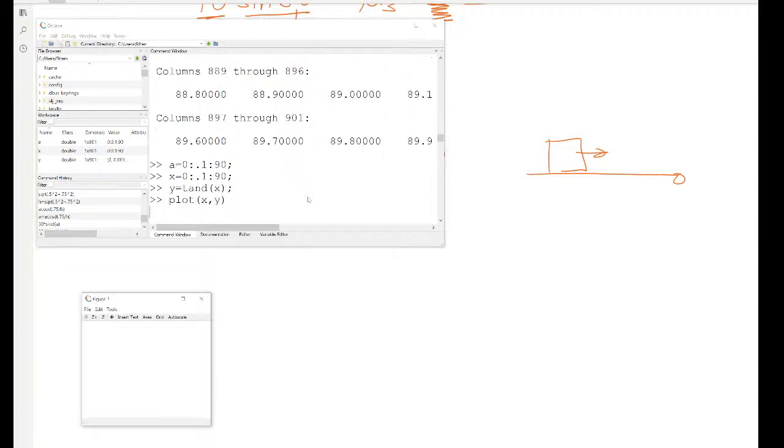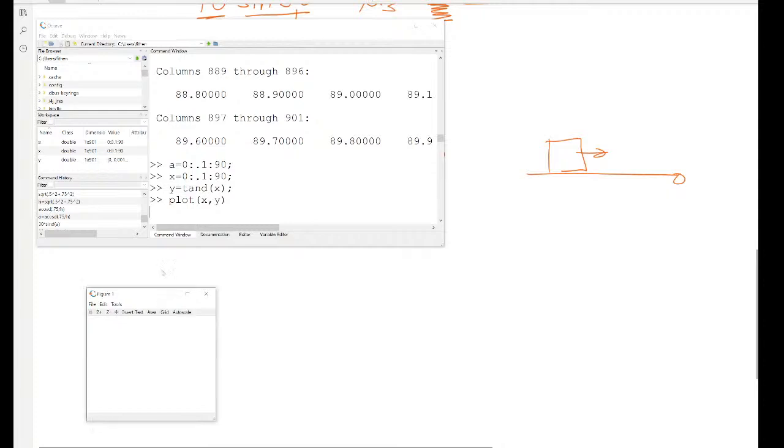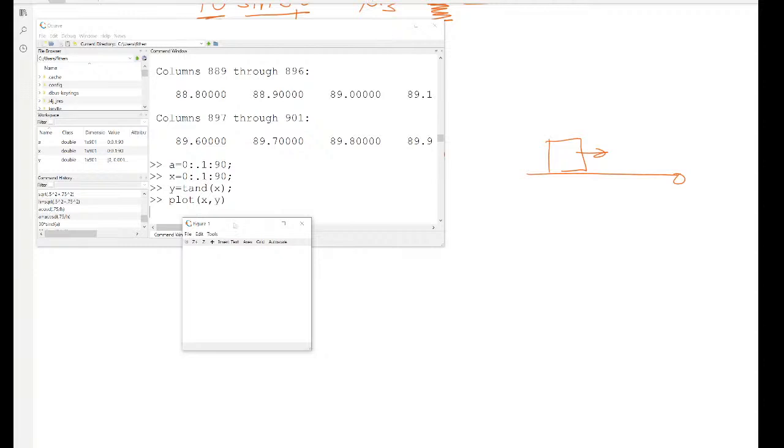Oh, it shows in a very tiny window. Does it take forever? Am I not seeing something? Oh gosh. Maybe going to 90 is not a good idea, because 90 is going to run you off to infinity.